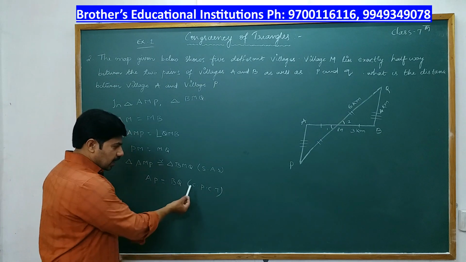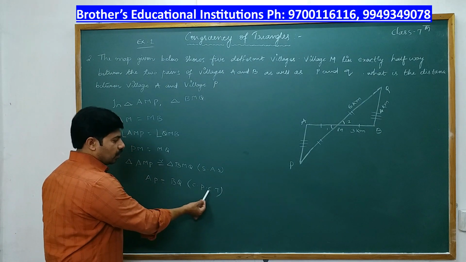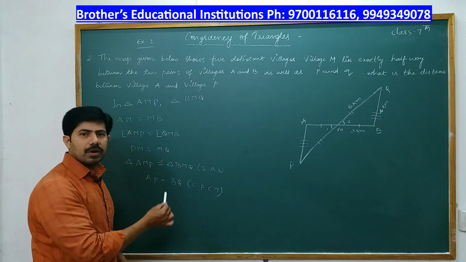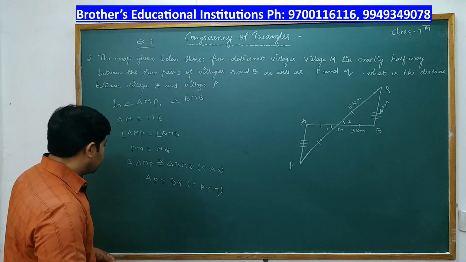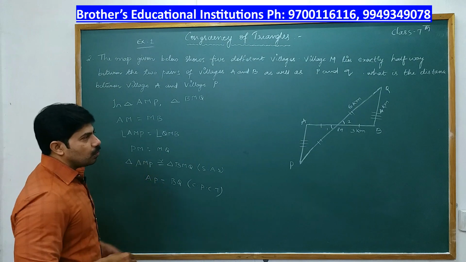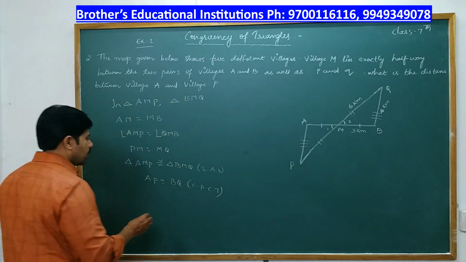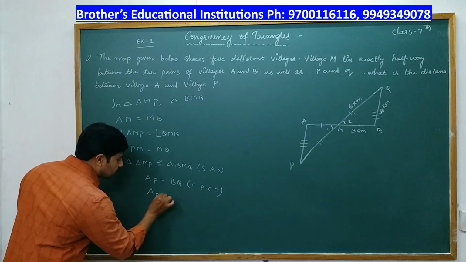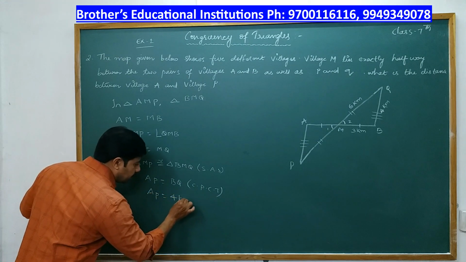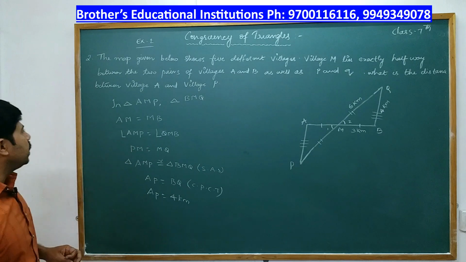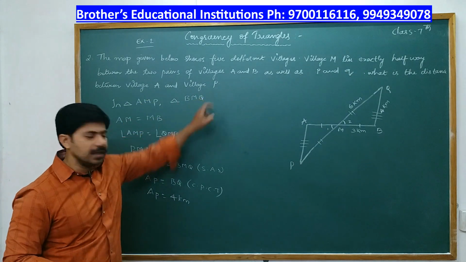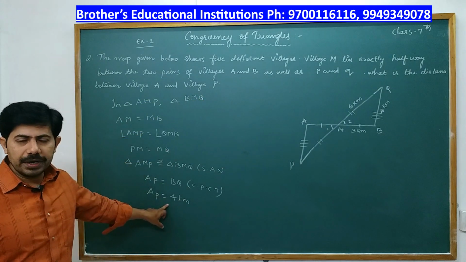The reason is corresponding parts of congruent triangles. Now we have BQ as 4 kilometers. Then AP is also 4 kilometers. That means the distance between village A and P is 4 kilometers.